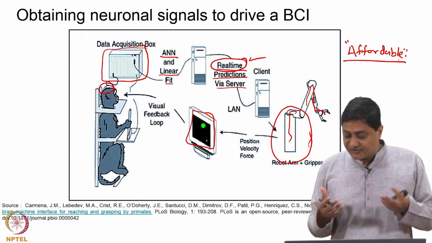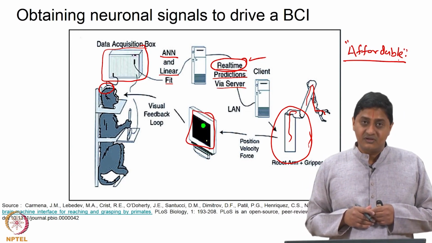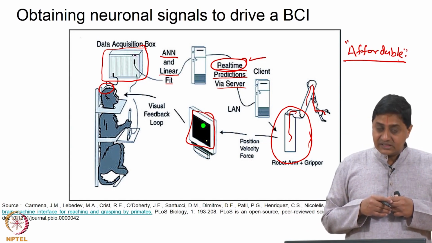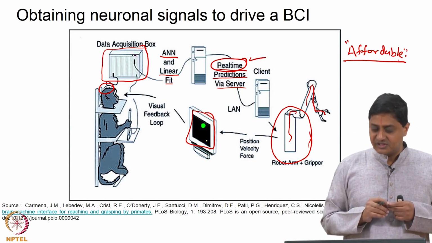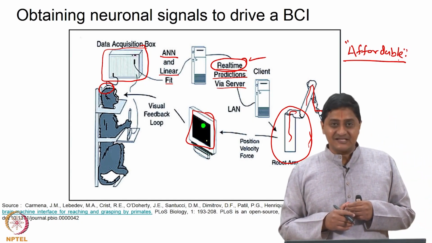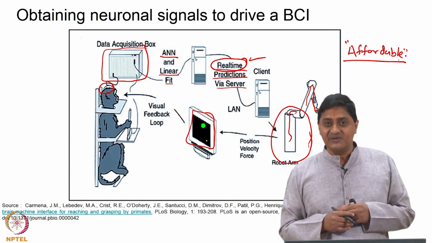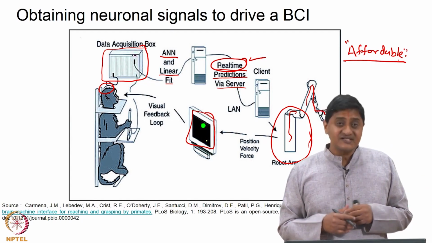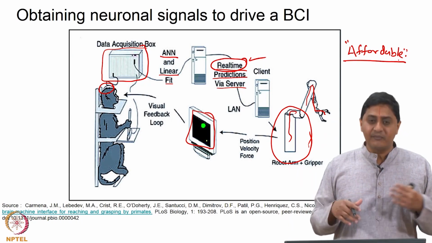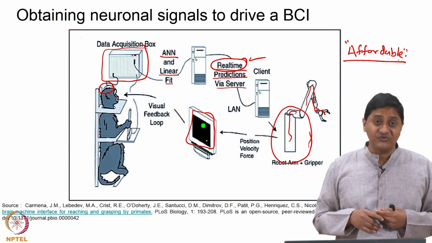So it shouldn't be so difficult that nobody wants to use it, nor should it be too simple that it has no practical application. So that trade off, that sweet spot, is difficult to achieve. That is the reason why there is less commercial success of these systems when compared with, for example, cochlear implants. Cochlear implants are relatively successful commercially when compared with, say, movement prosthesis.